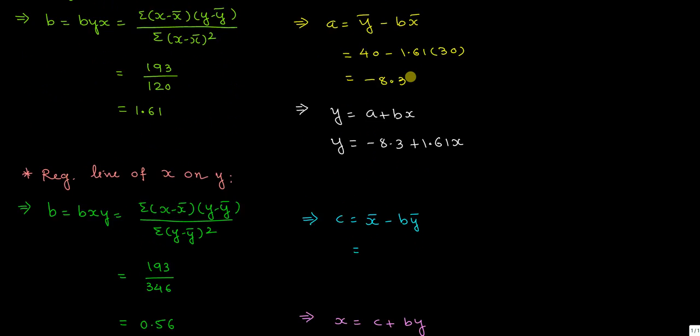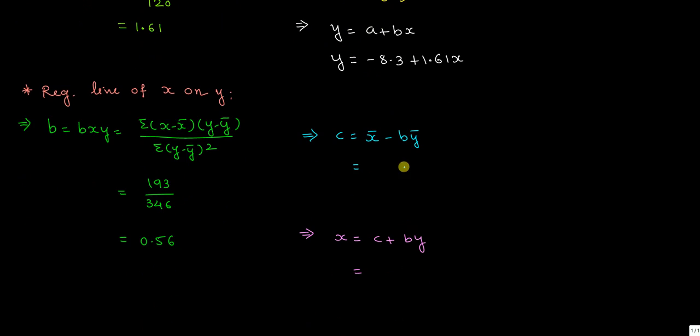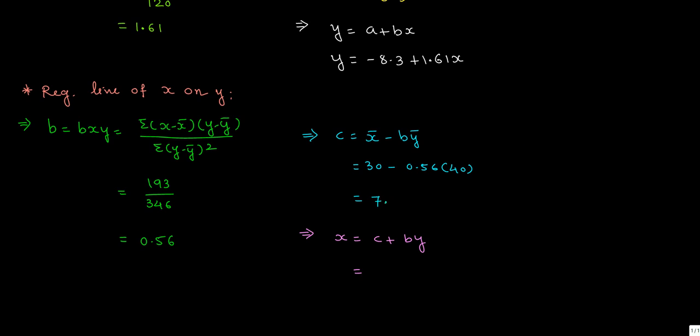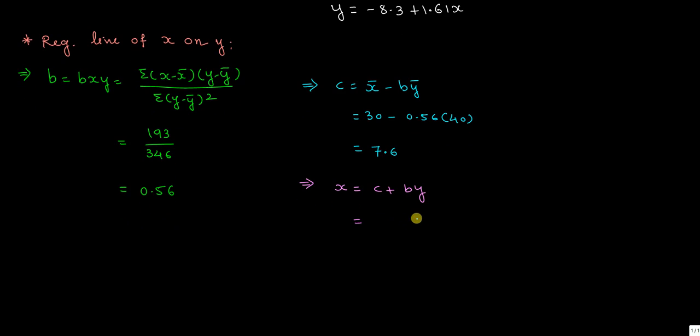So x bar is 30, minus 0.56 into 40, which is 22.4. 30 minus 22.4 is equal to 7.6. So x is equal to c plus by.